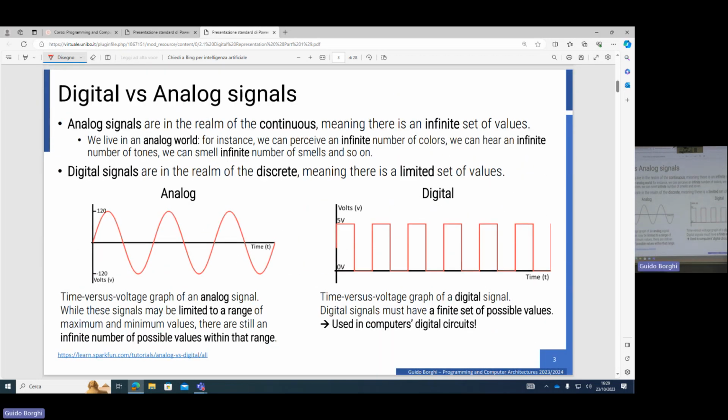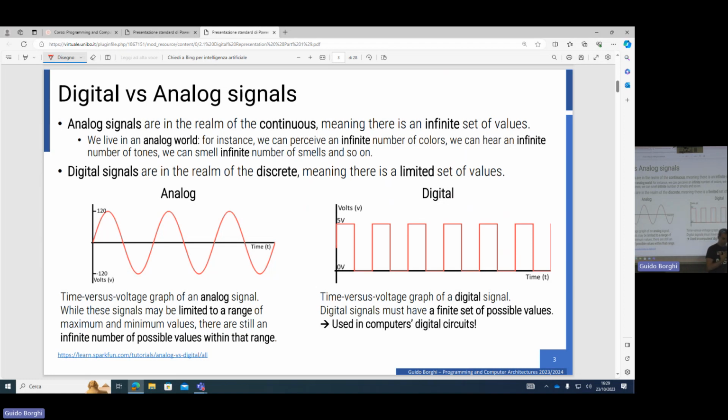So, the first element to introduce is the difference between digital and analog signals. Very important difference. With analog signals, we are in the realm of the continuous. We have continuous values. With analog signals, the meaning is that we have an infinite set of values.